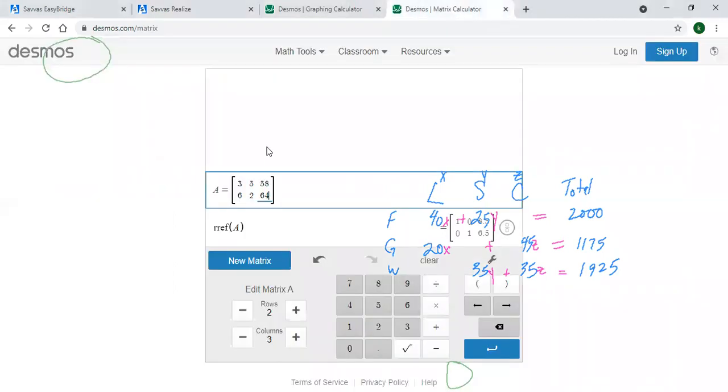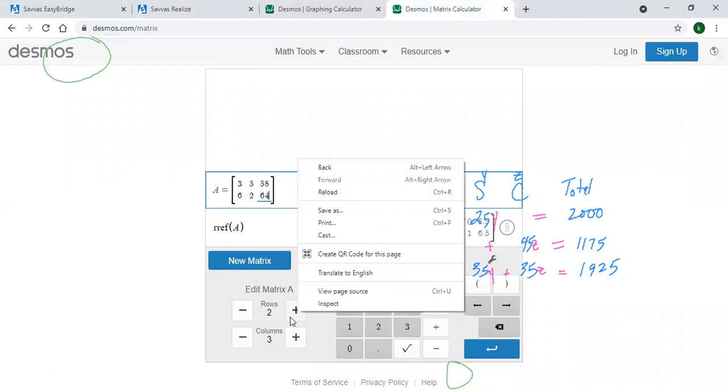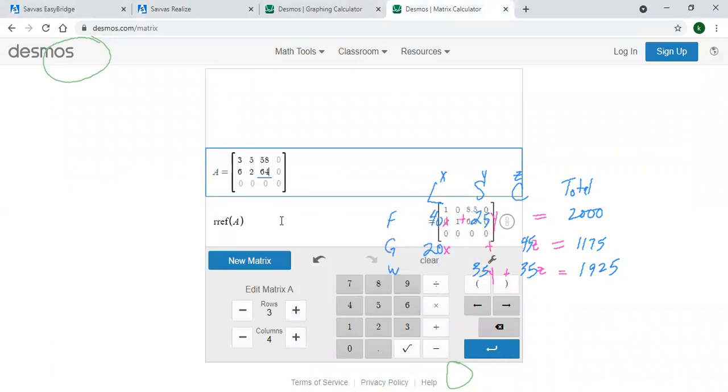So here we go. I need 3 rows and 4 columns again to do this one, since I've got 3 variables. I've got 40, 25, and 0 in the first row, and then my total was the 2,000.